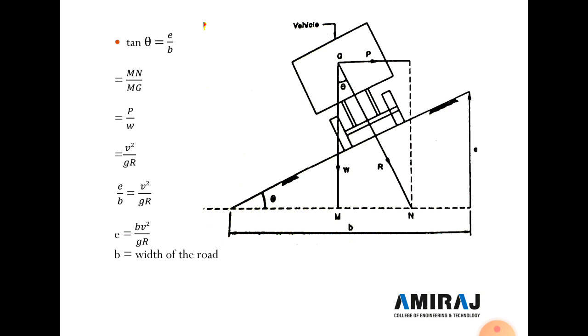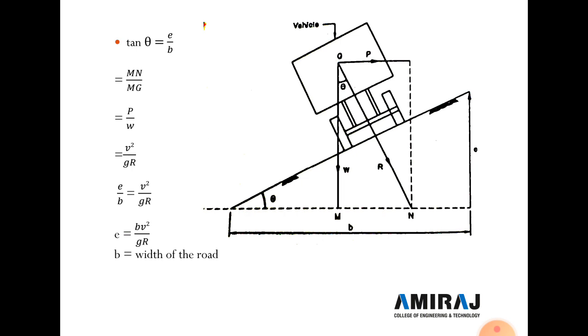Now we apply the mathematical formula for this triangle, so we apply tan theta. Tan theta is the angle of super elevation, E is the super elevation, and B is the width of the road. So tan theta is equal to E divided by B. Clear?